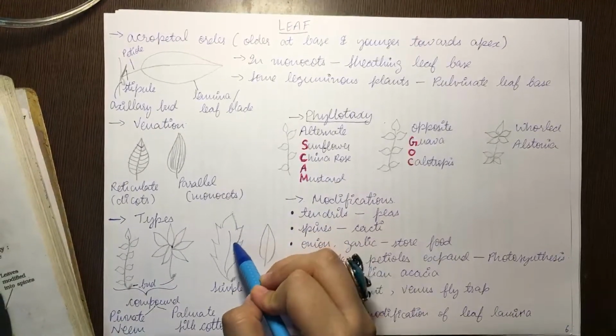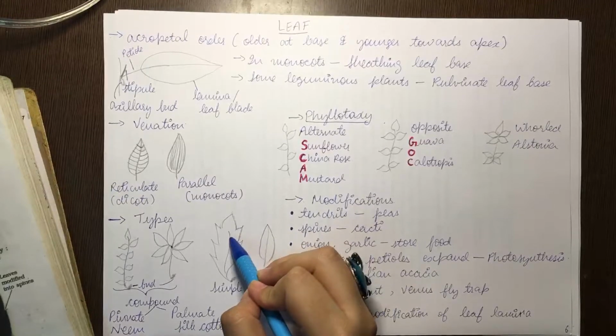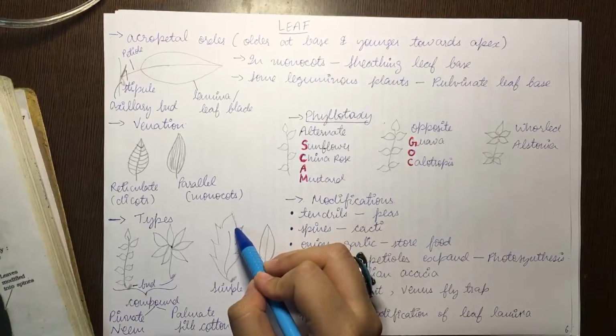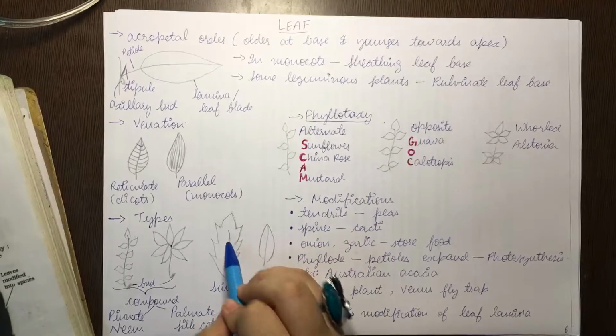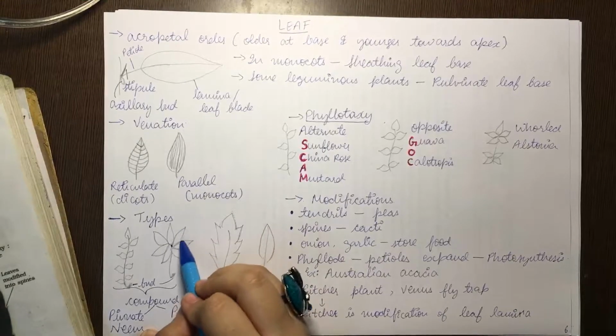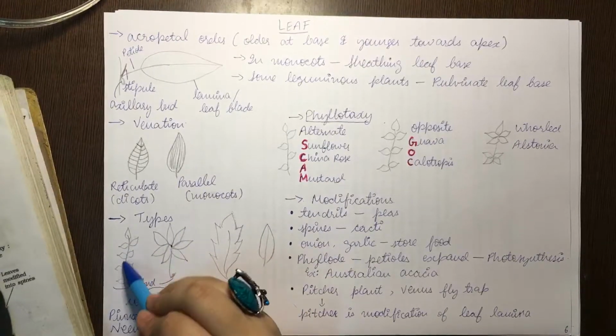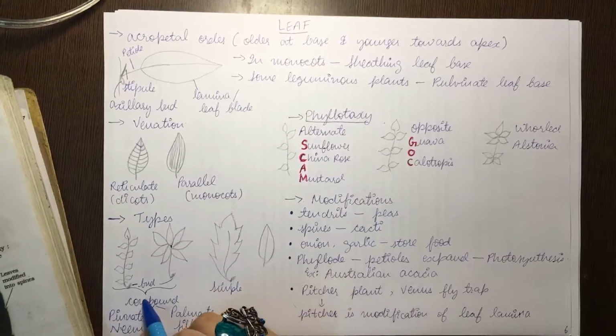This is incised, but the incisions do not touch the midrib. Whereas in compound leaves, we can see that the incisions are touching the midrib here and here. So this is simple and this is compound.